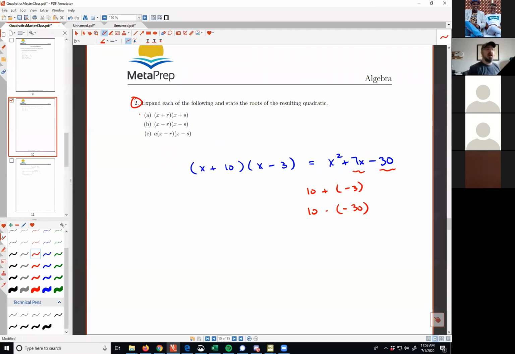Let's multiply out x plus r times x plus s. What do we get? x squared plus xs plus rx plus rs.